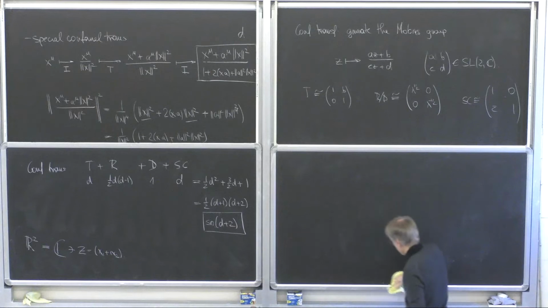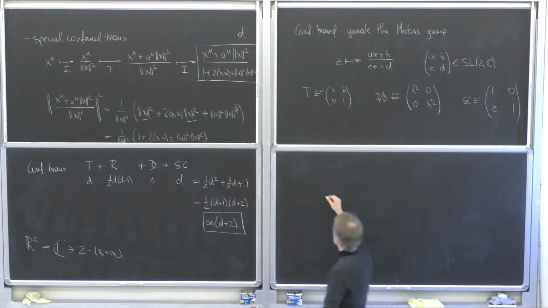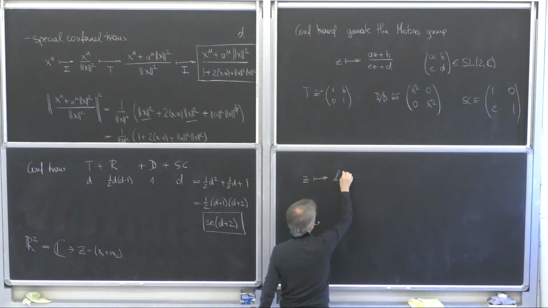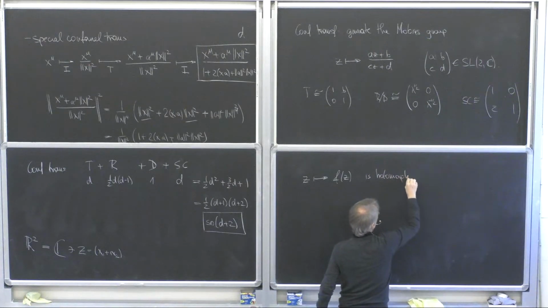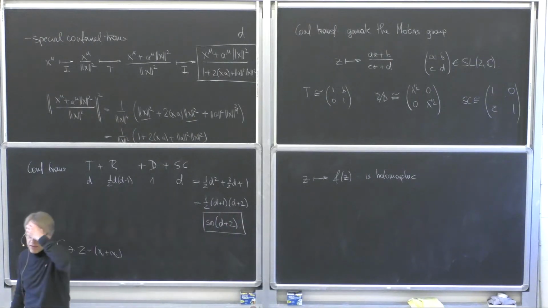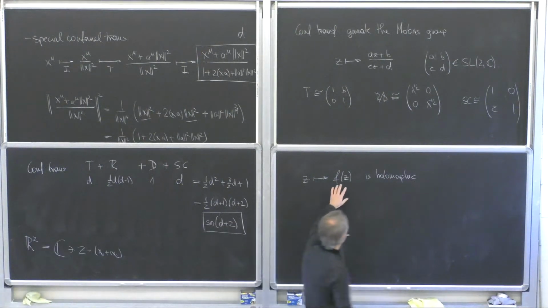I don't know how much complex analysis you know, but if you take any function z and map it to f of z, where f of z is holomorphic, then one of the things you learn in complex analysis is that a holomorphic transformation preserves angles. That will preserve angles for any function f.